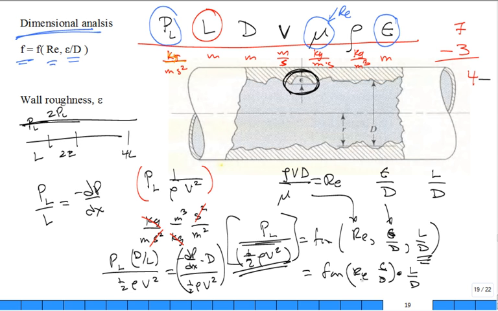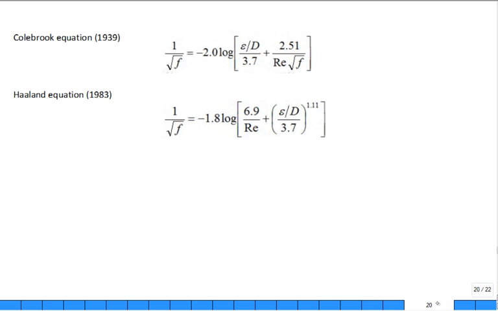That's a function of the Reynolds number and the relative roughness. And so that's what we got right here. The friction factor, what was the friction factor defined as? Negative dP dx times d divided by 1/2 rho V squared. Is a function of Reynolds number and relative roughness. Okay. Well, there's some correlations that go back quite a ways.